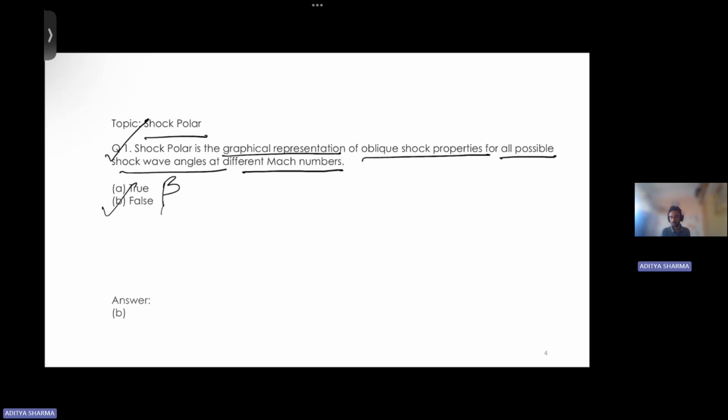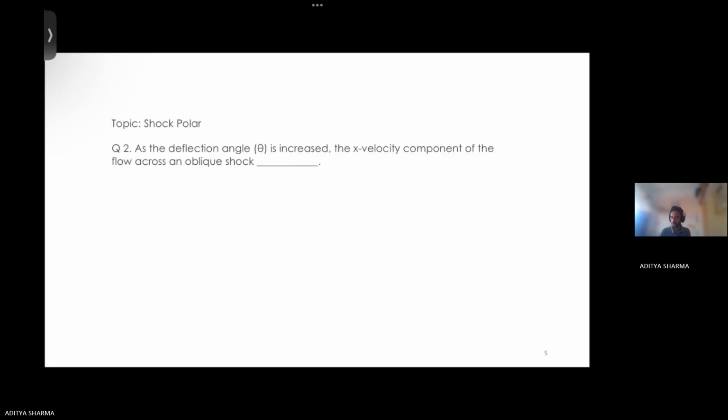Okay. Then there is this next question. Let's see the next question. It is again on shock polar. Let's see what it says.